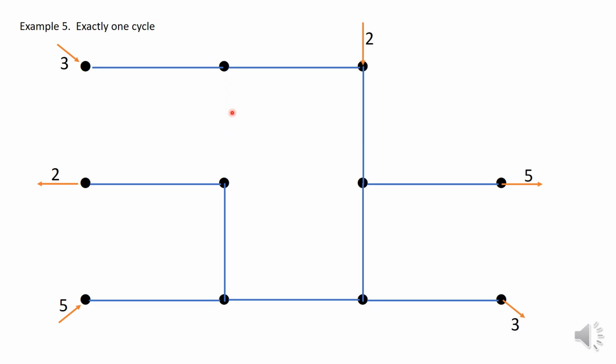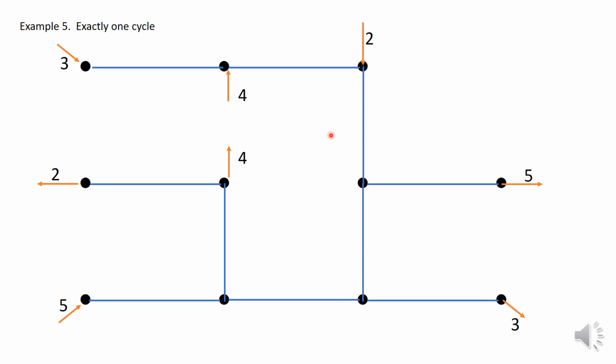We replace this by a 4 entering that vertex and a 4 leaving that vertex. So we know the flow from this node to this node is 4. We simply replace that by an input of 4 here and an output of 4 here. And then, since we've removed this branch, we now have a tree structure because we've gotten rid of the cycle.